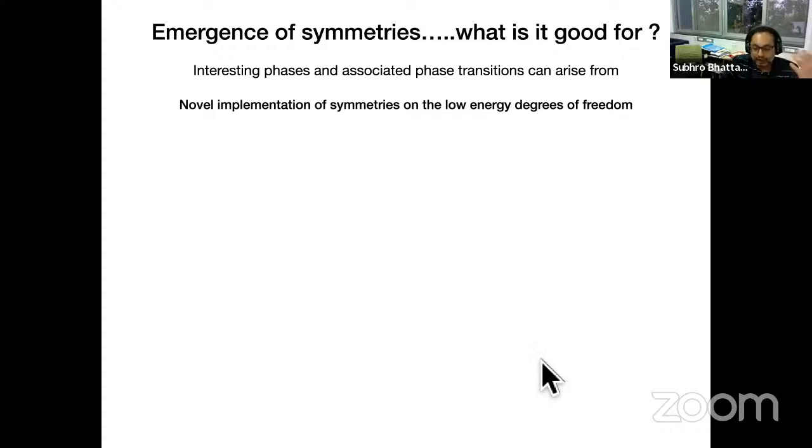Continuing what I said, these give rise to a concrete understanding of phases and phase transitions in different kinds of systems, and often the novel implementation of symmetries on the low energy degrees of freedom is key to getting exotic quantum phases.